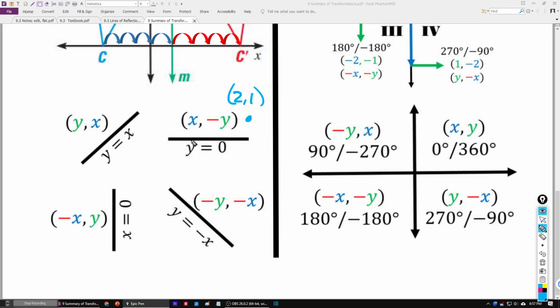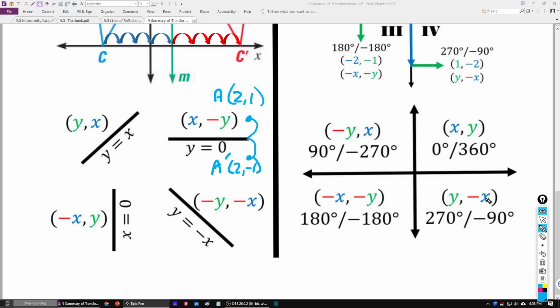If you were to reflect it in the x-axis, it would come 1 step down to the line of reflection, and you want to go 1 step beyond that line. So if this was A, it would come down here to A prime, and the coordinates for that now would be 2, -1. I'm going from +1 on the y coordinate down to -1.